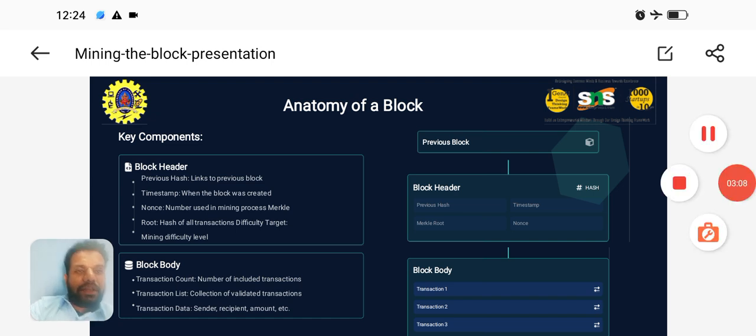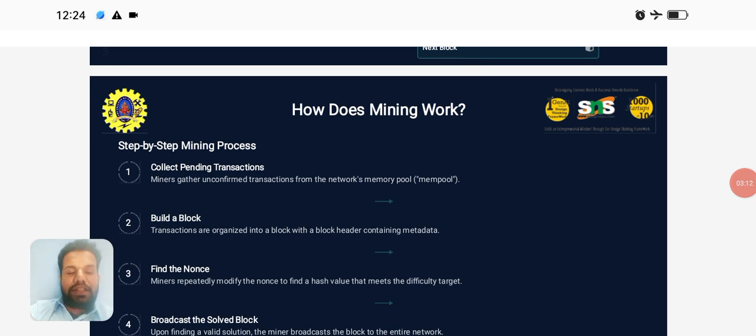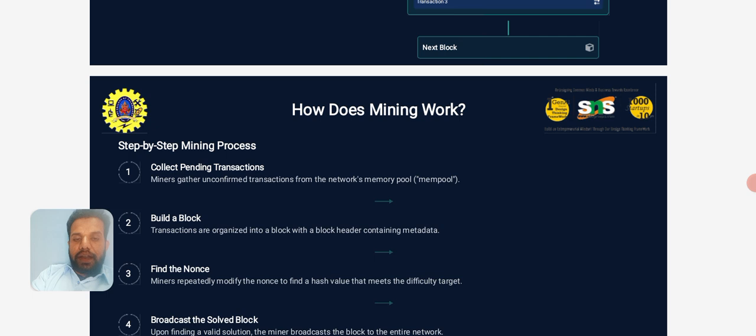Next, how does mining work? It is a step by step process. First we have to collect all the pending transactions that are not yet validated. We collect them from the memory pool.